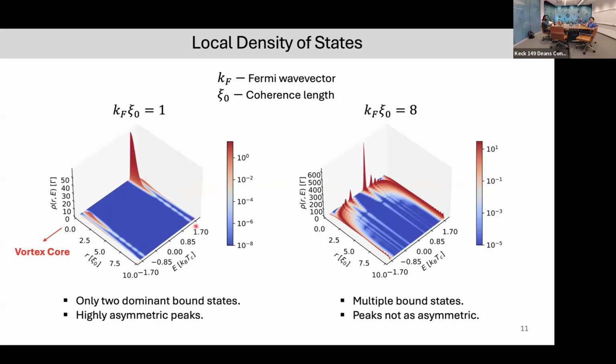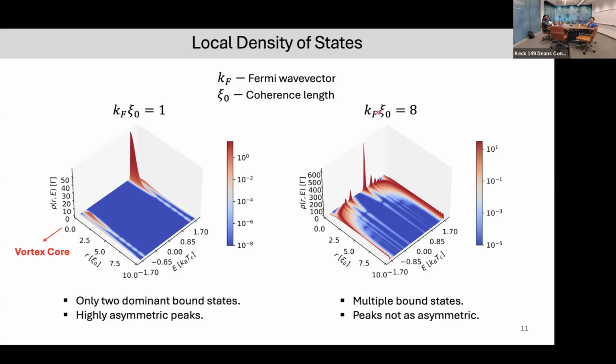I'm only showing the subgap excitations here, so only the subgap energy regime. As you can see, the positive peak is again very dominant over the negative energy peak, especially at the vortex core where the positive peak has a maximum and the negative energy solution is just 0.